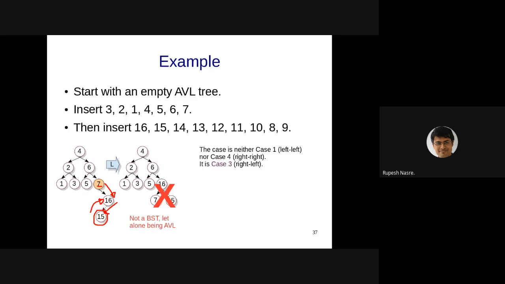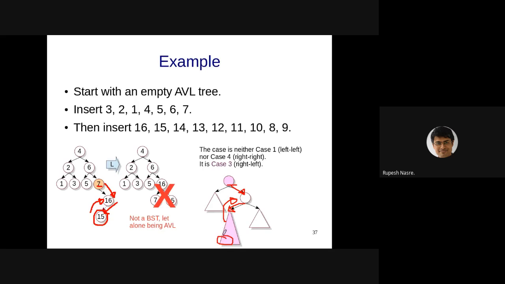Okay, so let's see how to do that. So this was our RL case. Once again, I'll reiterate that this is the imbalance node. In the right subtree, the left child is getting affected or getting added, right? So that becomes an RL case, and it is easy to see that in RL case you are going to require first a right rotation, because the imbalance is in the left subtree.